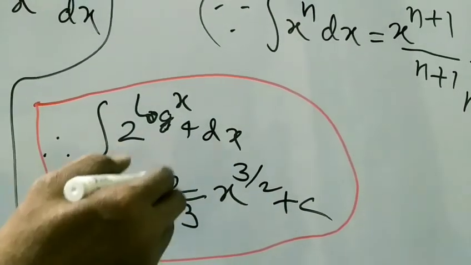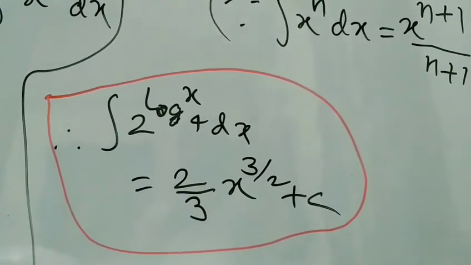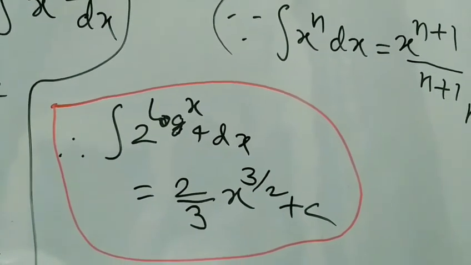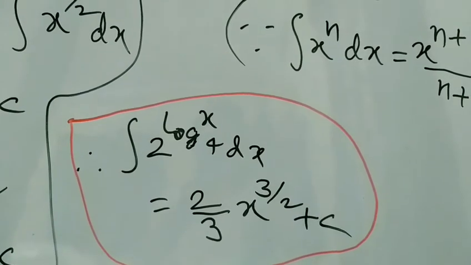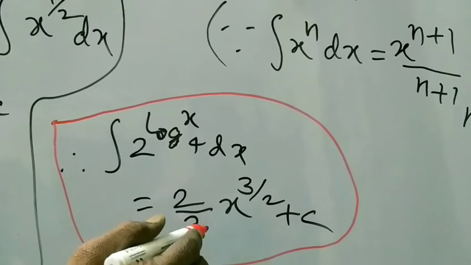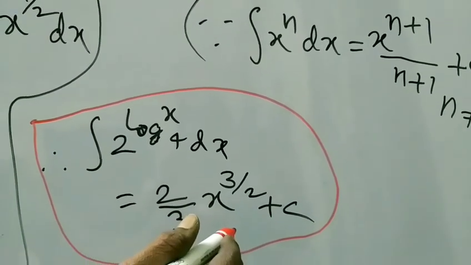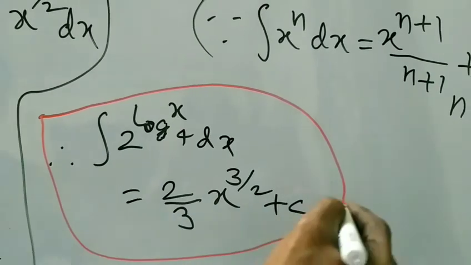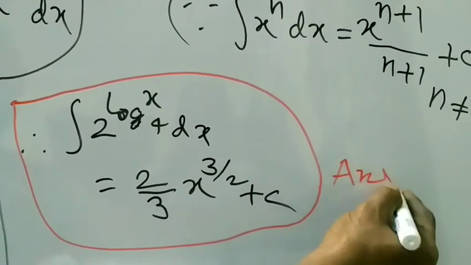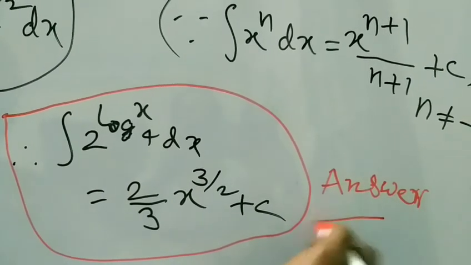This is the required solution, the required answer for the given problem. The integral of 2 to the power of log x to the base 4 dx is equal to 2 by 3 x to the power of 3 by 2 plus c. This is the answer.